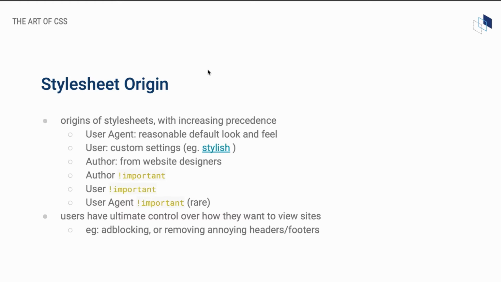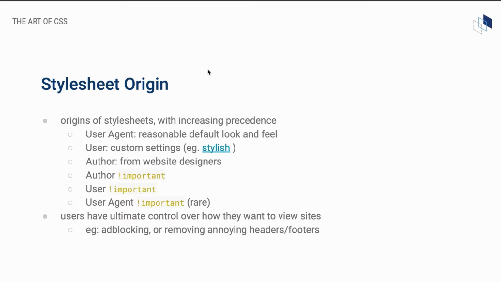Now, not many people are aware that browsers actually are capable of allowing the users, the humans, to insert in their custom settings. So the Stylish plugin is an example of a browser plugin that allows you to specify your user settings. The next origin that has higher precedence is the author of the websites themselves.